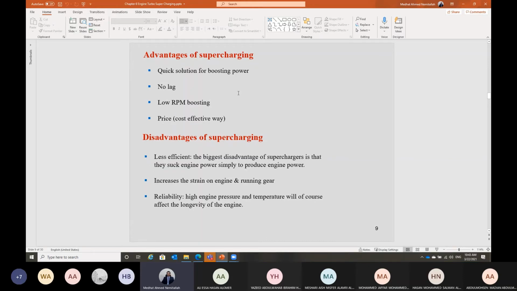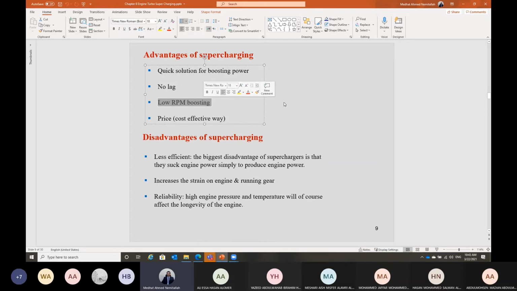So this process takes a little bit longer in the case of a turbocharger. But in the case of a supercharger, the compressor is usually running using part of the power of the crankshaft, so it responds faster. So we don't have lag in response with a supercharger compared to a turbocharger, and it can also respond at lower RPM.